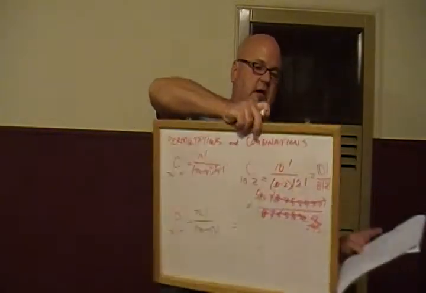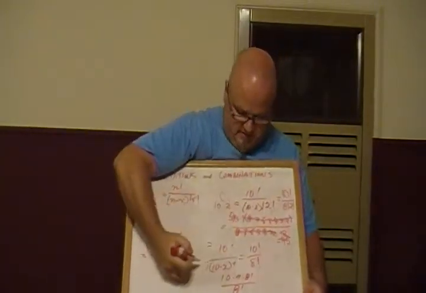So let me write this one down. 10 factorial over 10 minus 2 factorial, and we've done that, 10 factorial over 8 factorial, and we know that 10 times 9 times 8 factorial over 8 factorial. Let me show you the steps here.